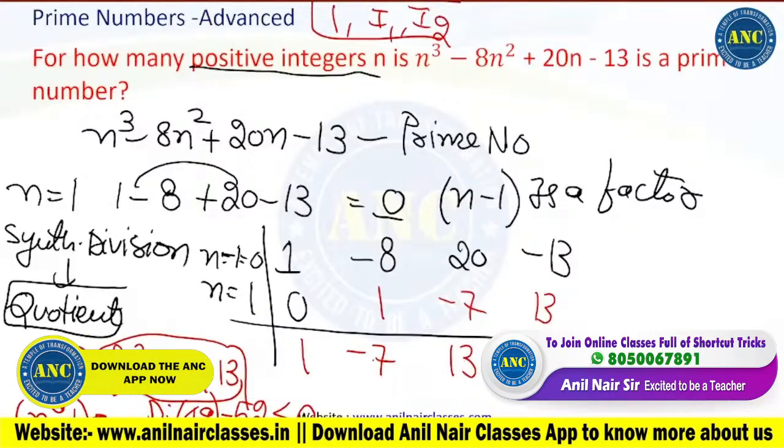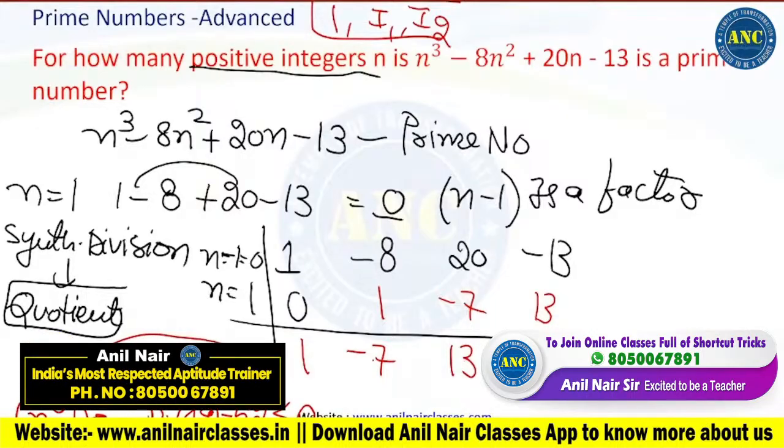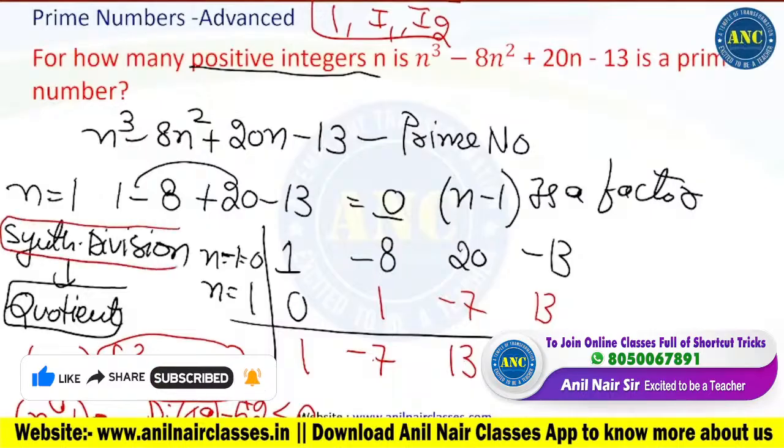Again I am repeating. n cube minus 8n square plus 20n minus 13 is a cubic expression. He is asking how many positive integers n can take. For n value 1, n minus 1 is a factor. Then do synthetic division, which helps us find the quotient.